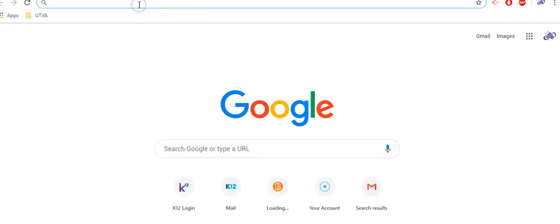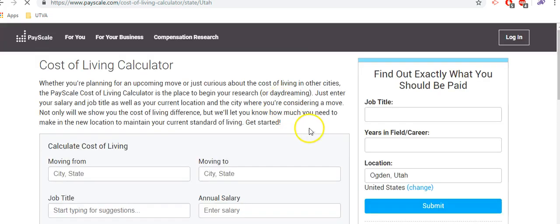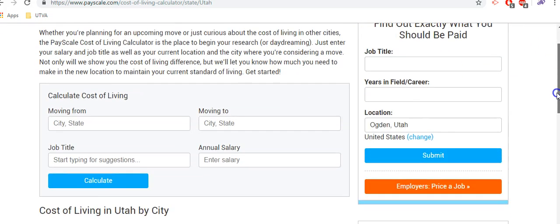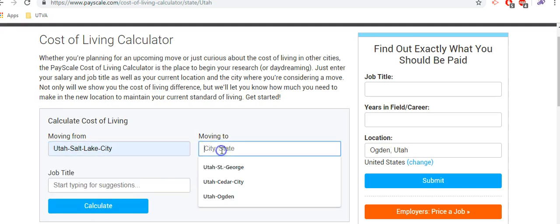So if you jump to a browser real quick and go to that website, I want you to look up basically what it would cost if you moved from one city to another. Okay? And I want you to be a little extravagant here, okay? So let's say we are moving from Salt Lake City, okay?